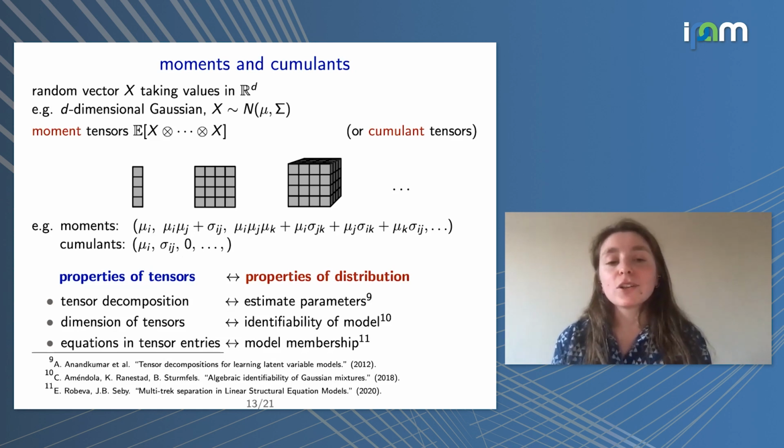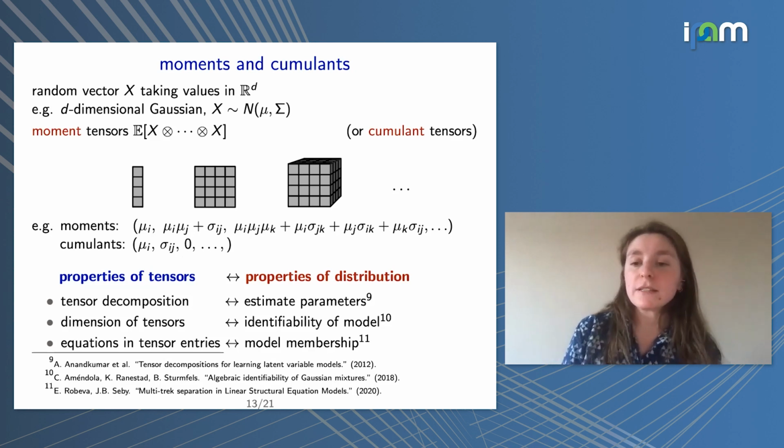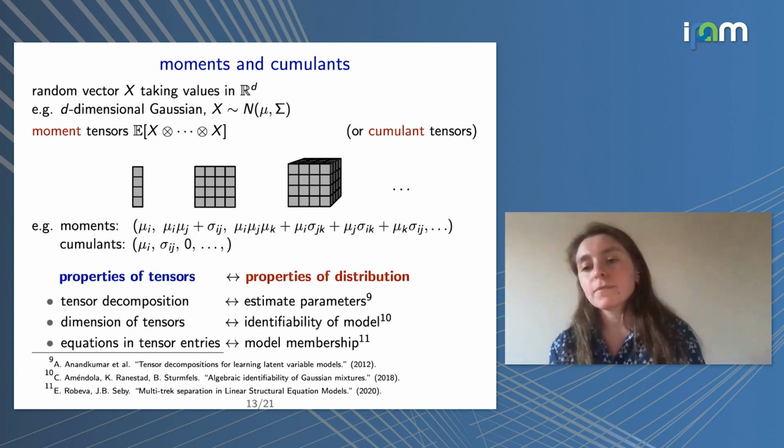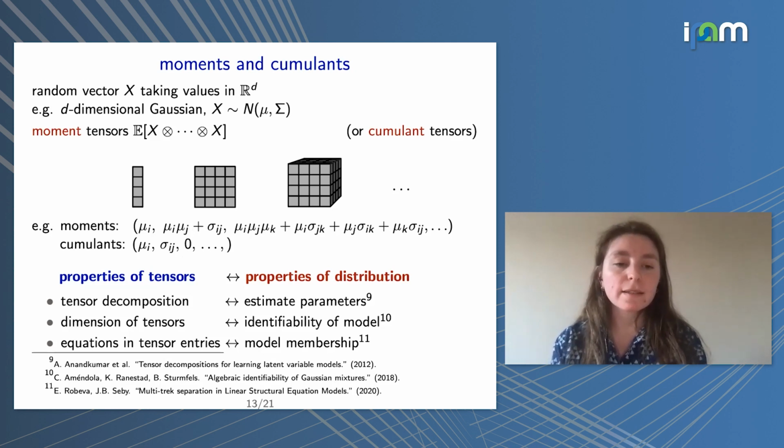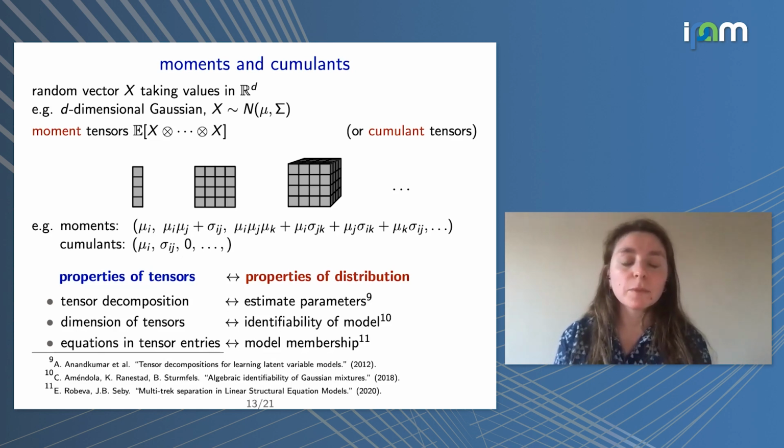So we can look at various different tensor decompositions and use this decomposition of the tensor to estimate parameters in the statistical model. So this is described, for example, in this paper of Anandkumar et al. called Tensor Decompositions for Learning Latent Variable Models.